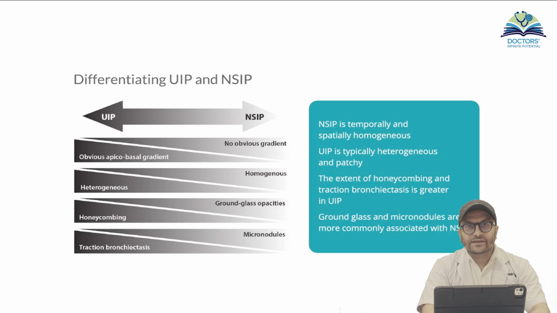Ground glass opacities are seen in NSIP, whereas ground glass opacity is very minimally seen in UIP. Honeycombing is seen in UIP, whereas in NSIP it's very minimal. Micronodules are seen in NSIP, and traction bronchiectasis is more common in UIP.